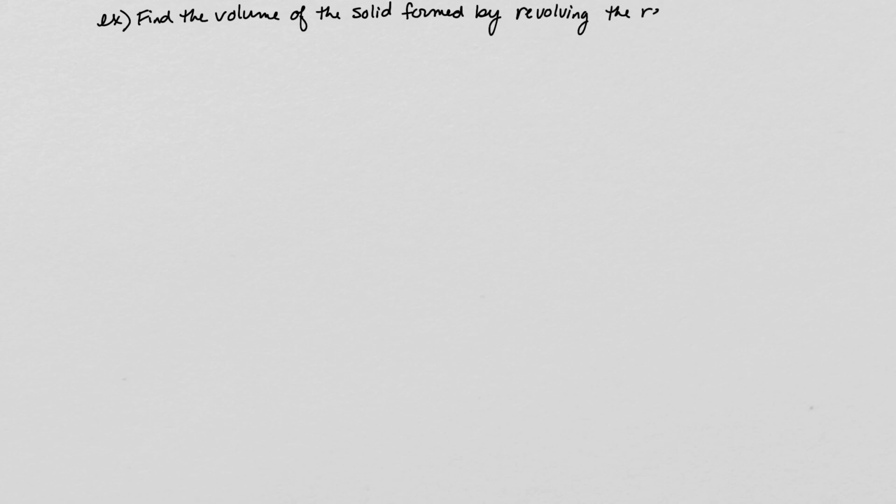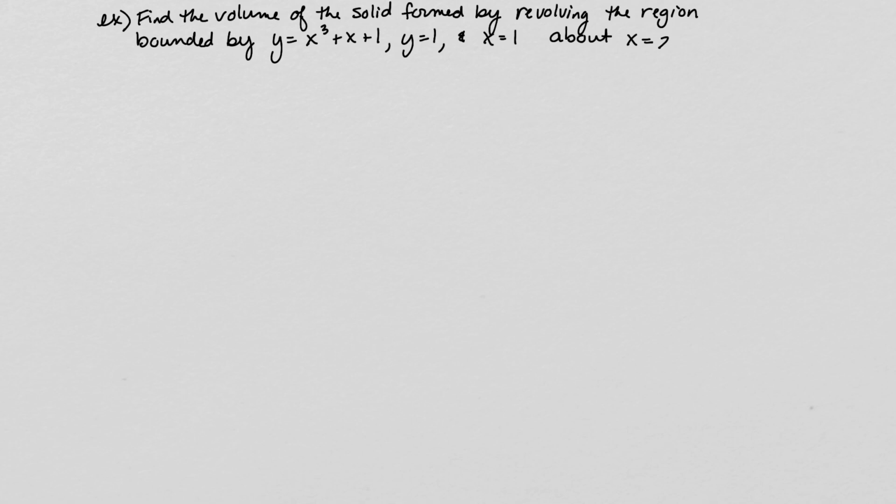All right, so find the volume of the solid formed by revolving the region bounded by y equals x cubed plus x plus 1, y equals 1, and x equals 1 about the line x equals 2.